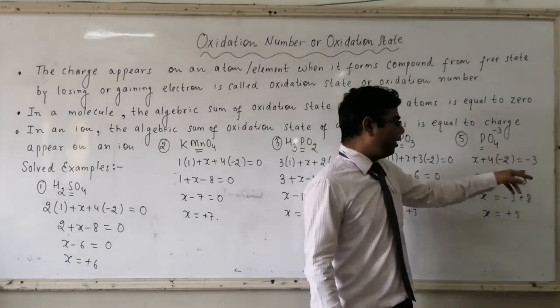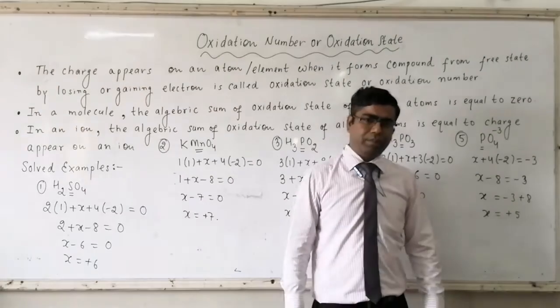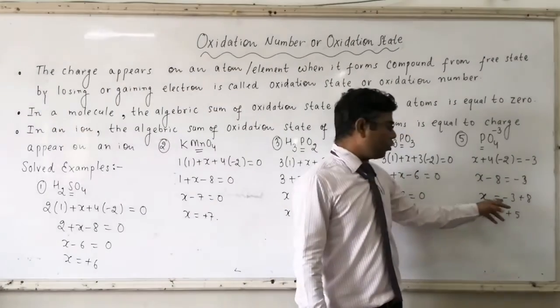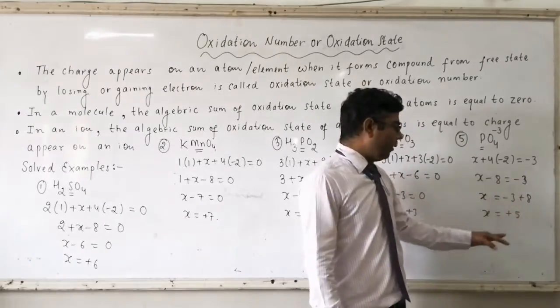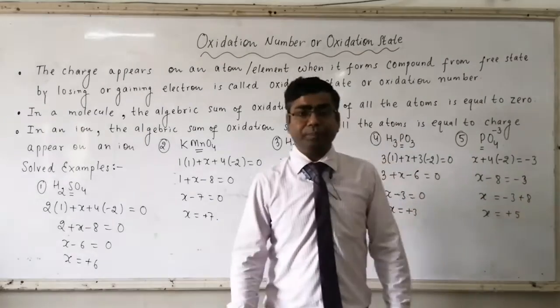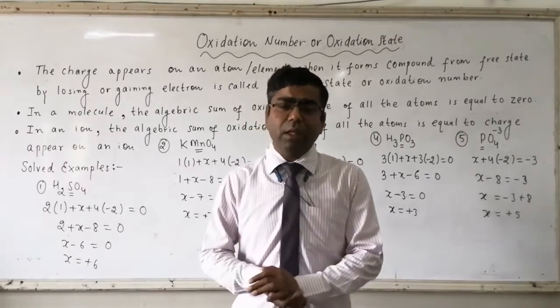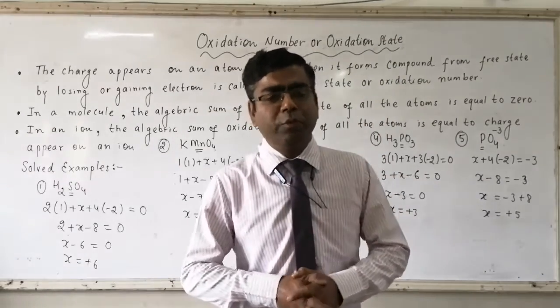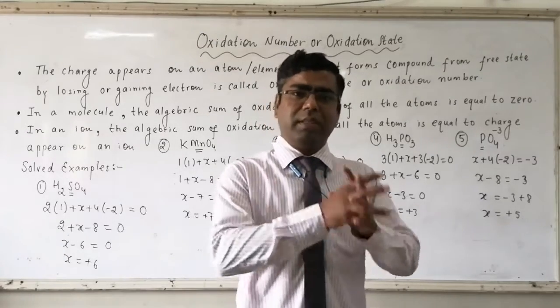Here it is minus 3, so equals minus 3. Solve it. X minus 8 equals minus 3. X equals minus 3 plus 8 gives you plus 5. So x will be equal to plus 5. So in phosphate ion, the oxidation state for phosphorus is plus 5. It means 5 electrons have moved away from phosphorus and towards the oxygen atom.